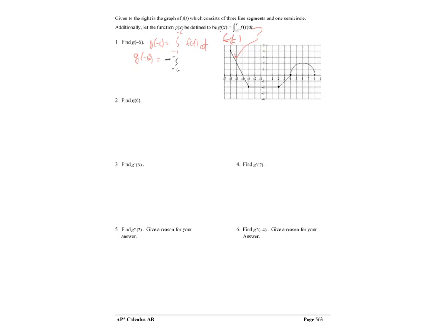Wait, why did I write 6? Scratch everything I just said. I was watching my cat. Silly me. Can't get distracted by your kitty cats. They'll steer you wrong every single time. Okay, it was -1 to x, not 6, of f of t.